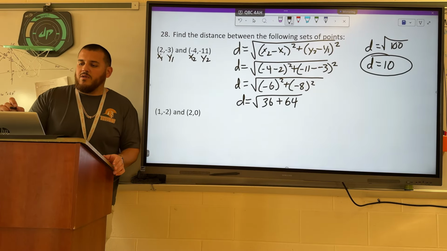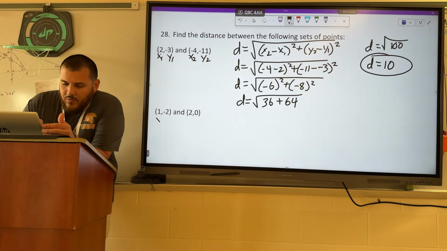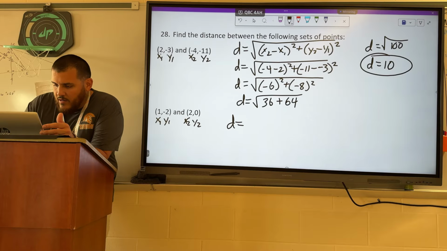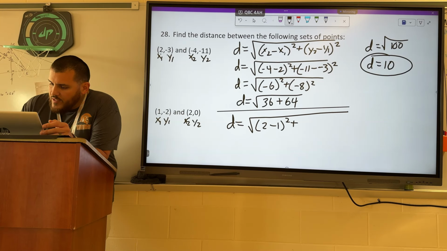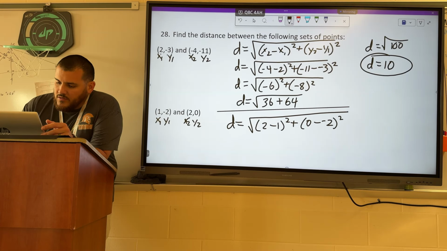We're gonna be doing the same exact thing for this set of points. So we're gonna label x1, y1, x2, y2. And we're gonna plug those into our distance formula here. Right, so we have x2 minus x1 squared plus y2, which is 0, minus y1, which is -2 squared.